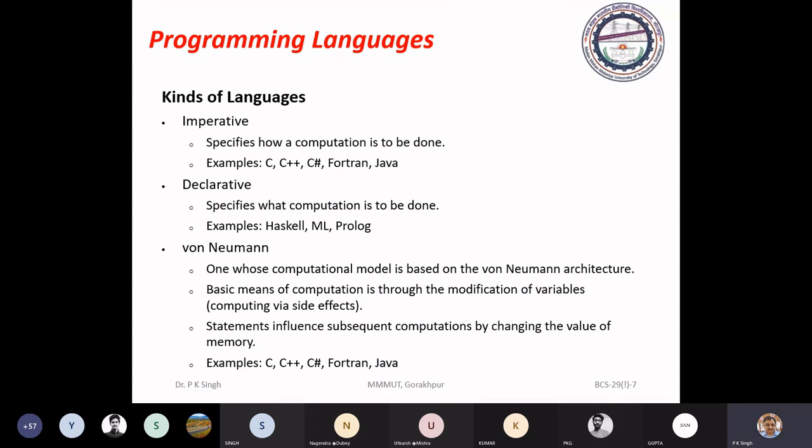Next is the von Neumann language, supporting von Neumann architecture. You are aware that von Neumann architecture permits sequential execution of instructions. You can't execute two or more instructions simultaneously on von Neumann architecture.